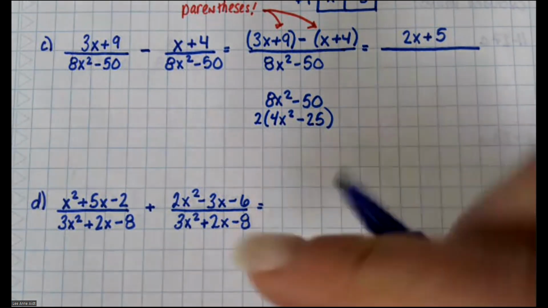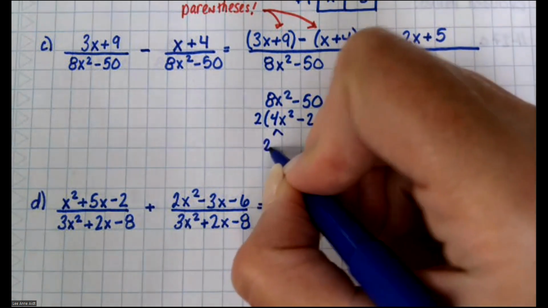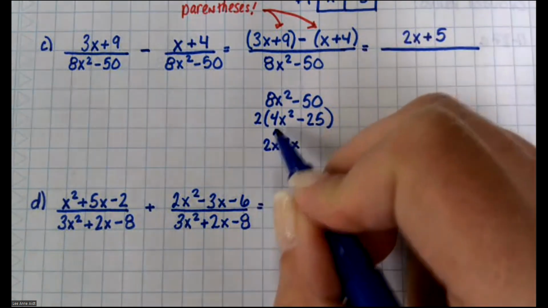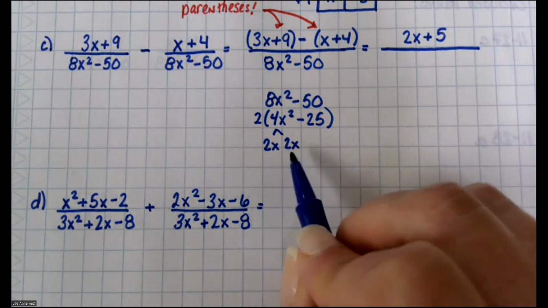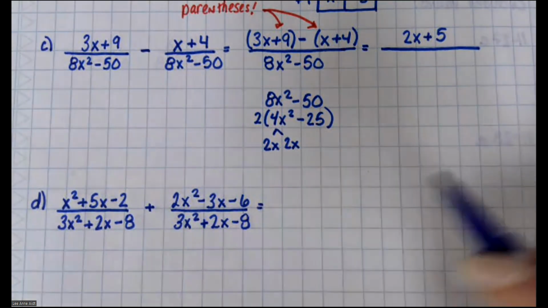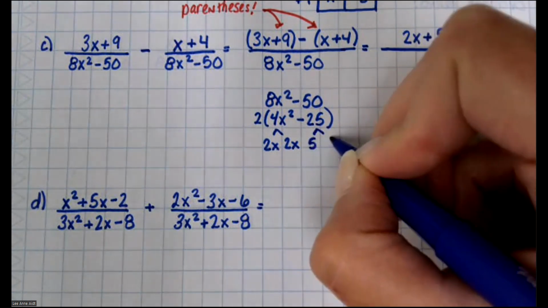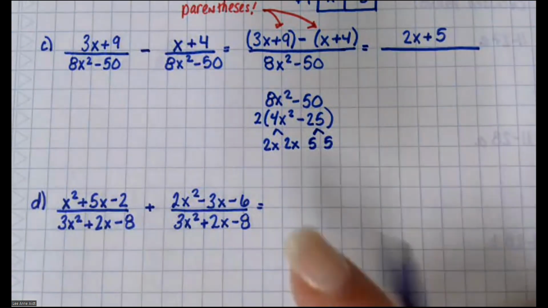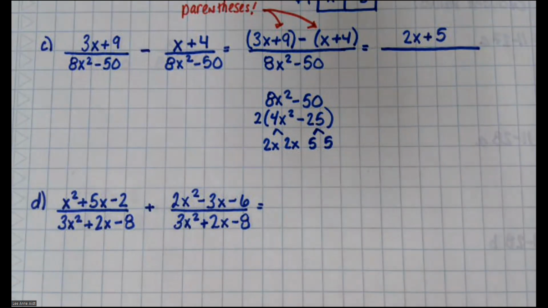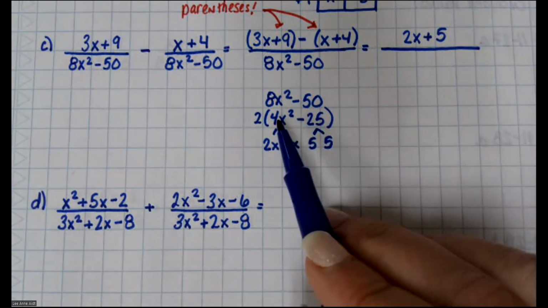Is this a perfect square? And I answer that question by making 2 branches and seeing if these 2 things are the same. Is this a perfect square? 2 branches, they're the same. And then is it subtraction? So I'd ask myself 3 questions for difference of squares.